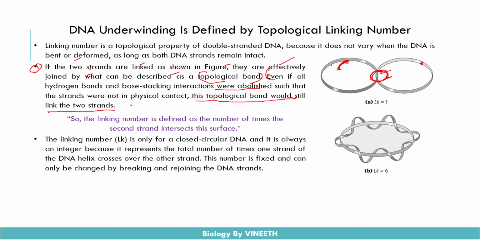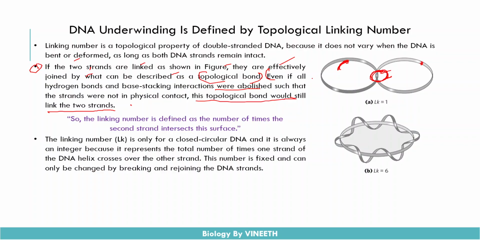Even if we remove all the other interactions between the DNA strands, this topological bond still plays a major role in maintaining the stabilized structure of the DNA molecule, keeping it in the helical form.